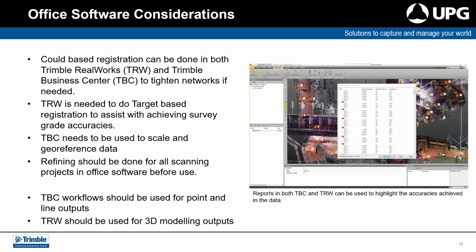When looking at particular Office software, the Trimble Business Center should be used for point and line outputs, or 2D outputs where you are georeferencing and joining it to other survey data, for example, whereas RealWorks should be used for 3D modeling outputs where you're looking at going to BIM models or other IFC models and doing that sort of workflow.